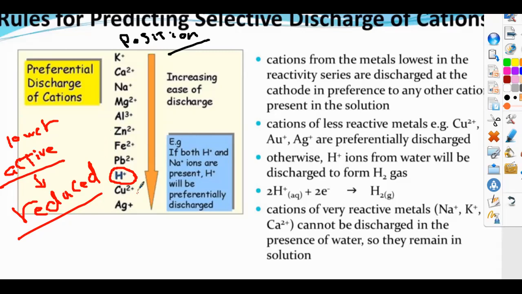So when copper meets zinc in the electrolytic solution, copper will be reduced, not the zinc. When hydrogen meets sodium at the cathode, the priority is for the hydrogen to be reduced because it's lower in activity. That is the rule for the positive cations.